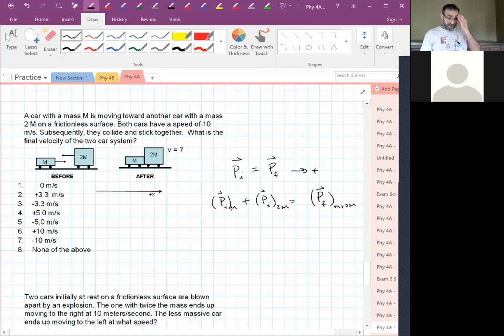So the initial momentum of m is its mass times its velocity. And the momentum of 2m is the mass times the velocity. Vectors, remember, vector equation. And at the end, it's going to be 3m times v final.